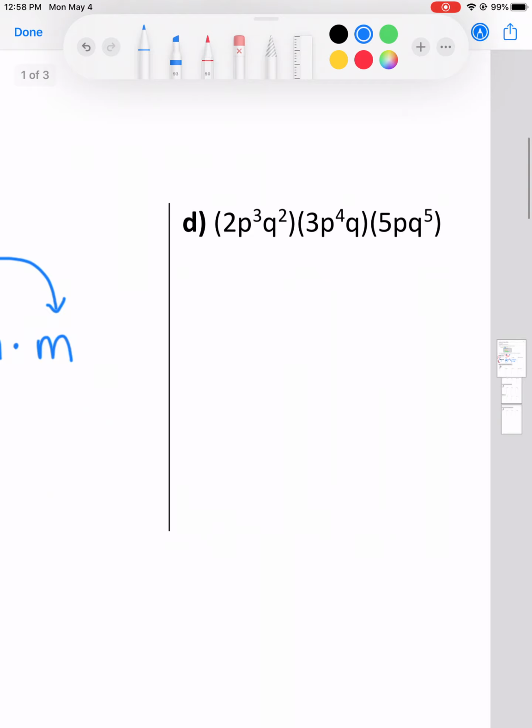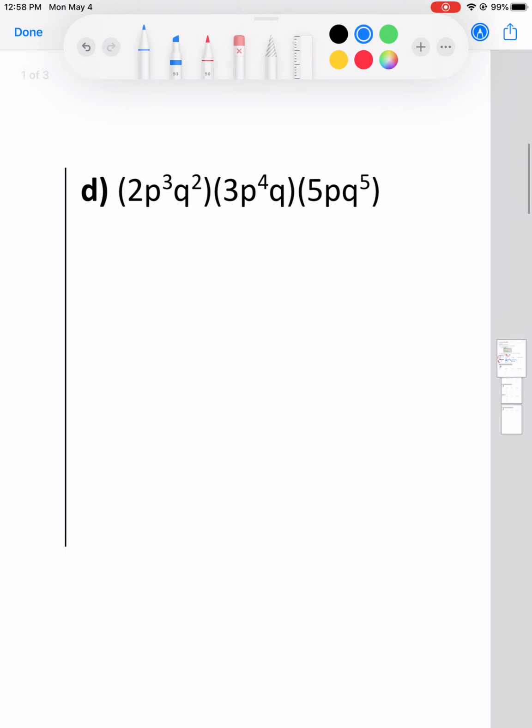One more. Okay, so this one's massive, I know. So what you guys are going to do is just, as I was saying earlier, collect like terms. Put the same stuff together.